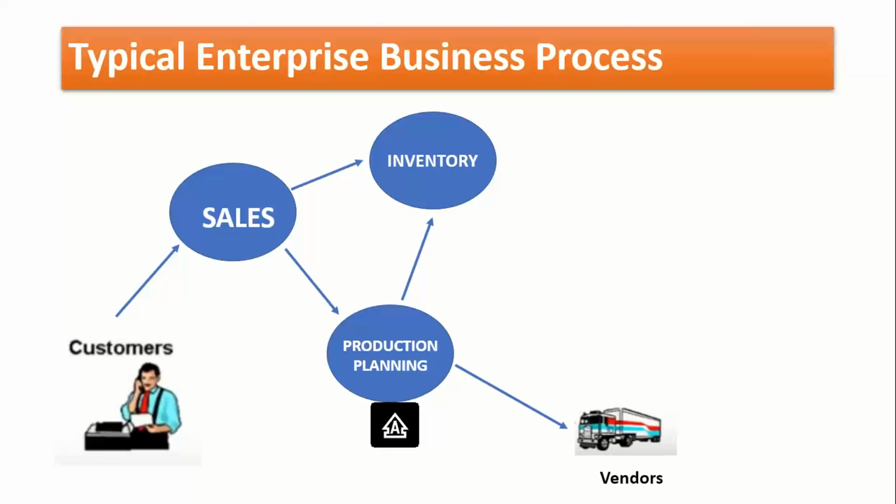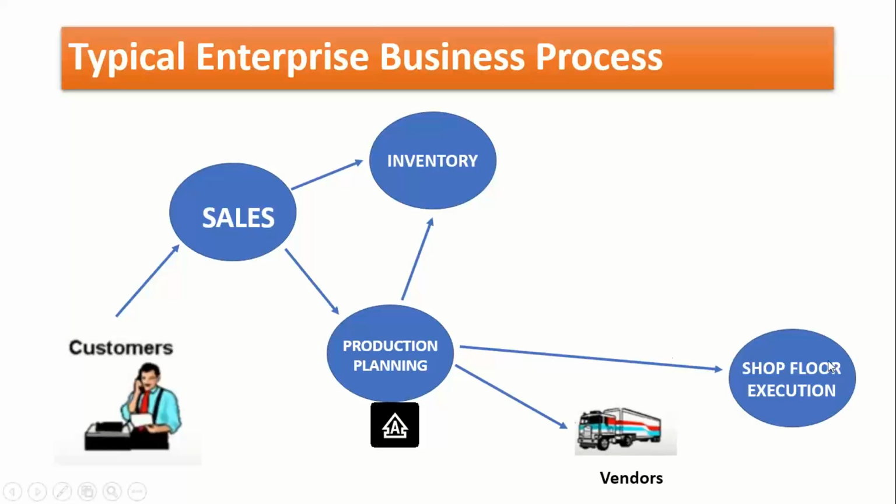The vendors provide the raw materials. Production planning tells the vendor that we need to create 10,000 phones. Can you please send us the raw material? The vendor immediately sends the raw materials to production planning. The production planning department sends it to the factory. Factory is nothing but the shop floor, for execution, that is, manufacturing the product.